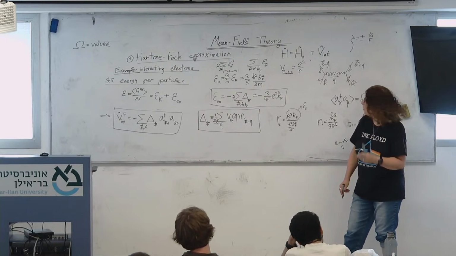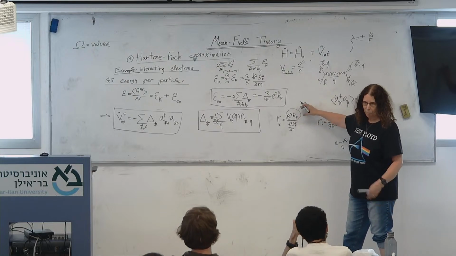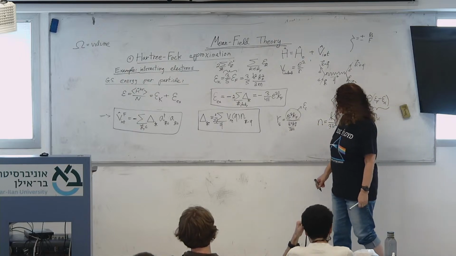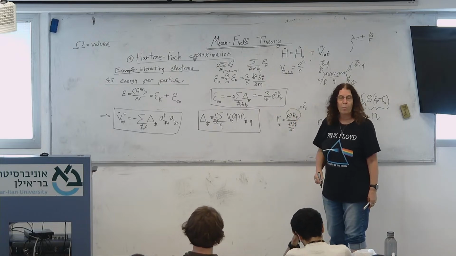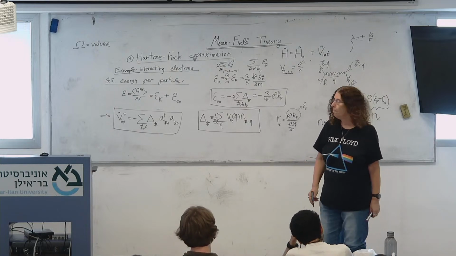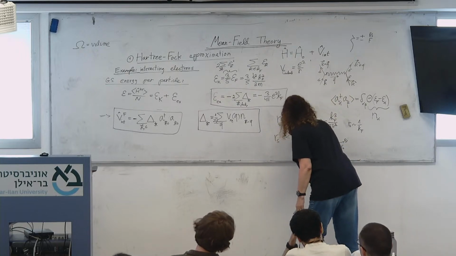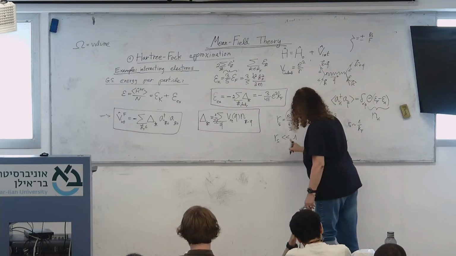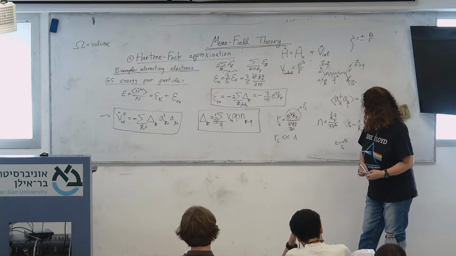That's basically the ratio between the average Coulomb energy and kinetic energy. Now, what is the criterion for the interaction being perturbative? That it will be much smaller than 1, right? So Rs smaller than 1 is the perturbative limit. That's where we're sure that the approximation is fine.